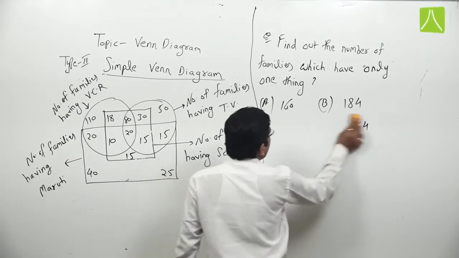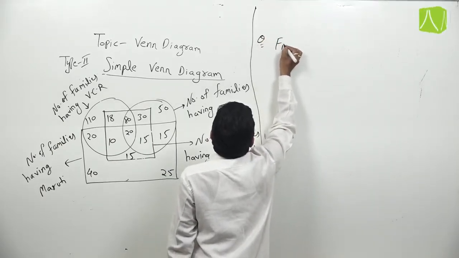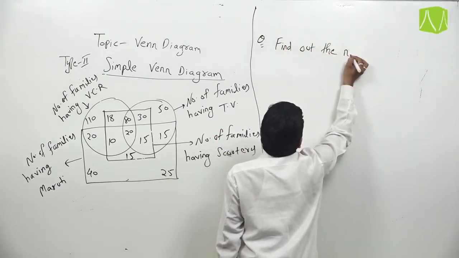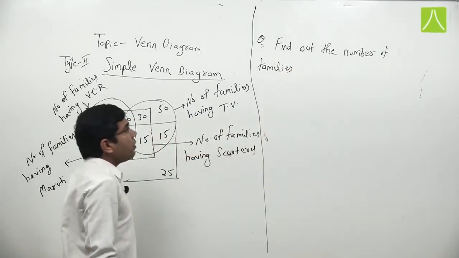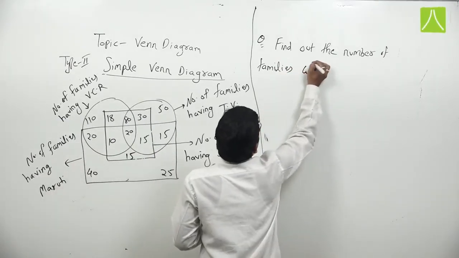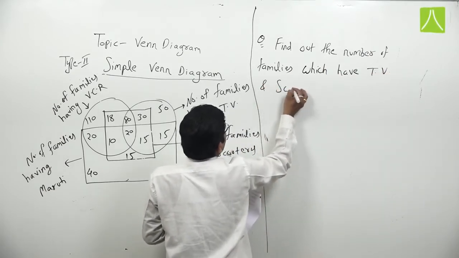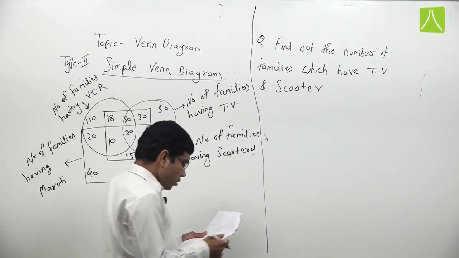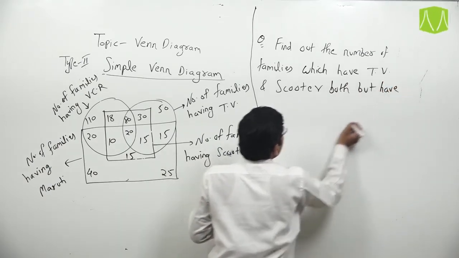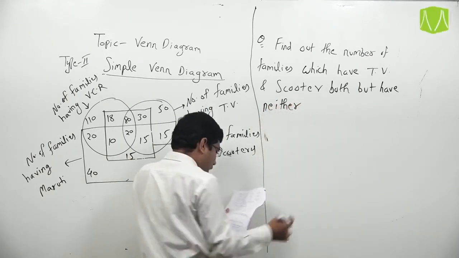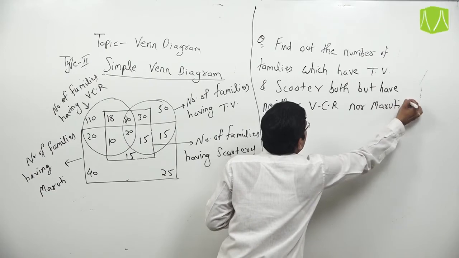Now take one more question according to this diagram, which is: find out the number of families which have TV and scooter both, but have neither VCR nor Maruti.